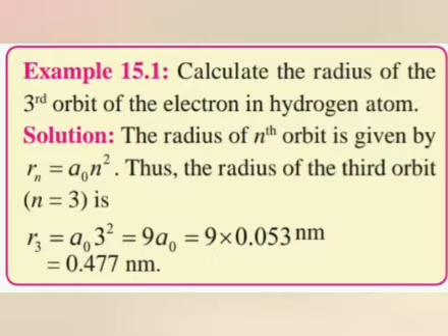It means in the place of n we have to substitute the value, n is 3. So R3 is equal to the constant and the value of n, that is 3 square. So here we are getting 9 a square.